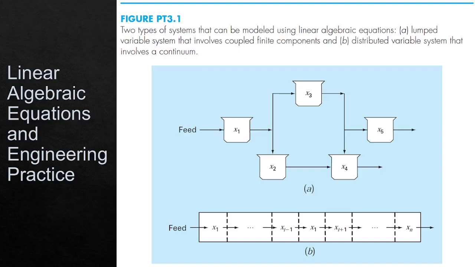Okay, so let's go to engineering practices for linear algebraic equations. For common engineering problems, we usually have systems. For letter A, this is a lumped variable system that involves coupled finite components.